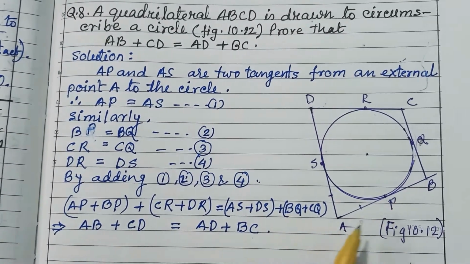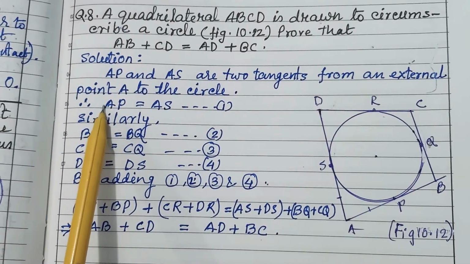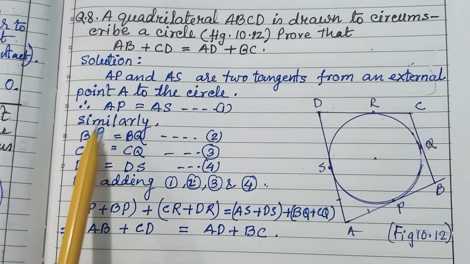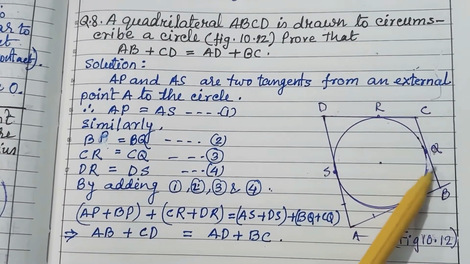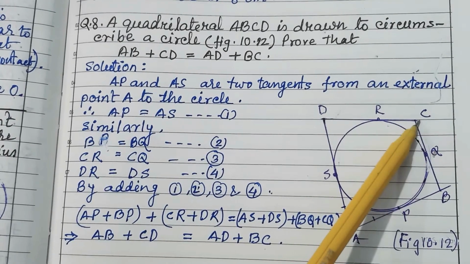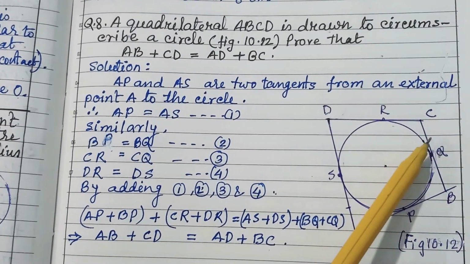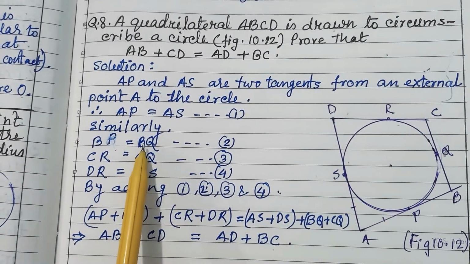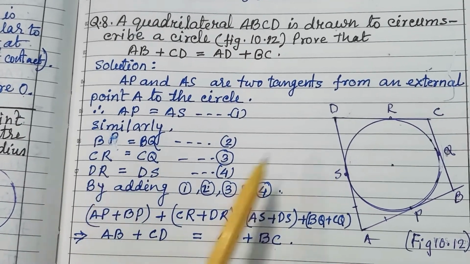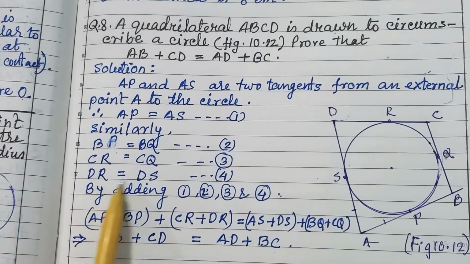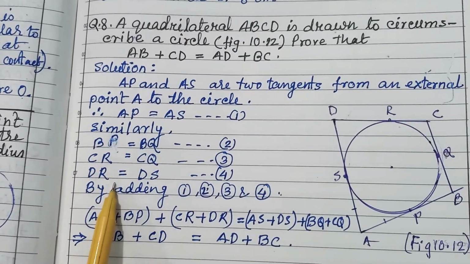Got it? AP is on the left hand side, so PB is on the left hand side, is equal to BQ. Now BQ will add with CQ, so CQ will be added on the same side as BQ. So BQ and CQ on the same side is equal to CR. And DR is equal to DS. In this way you have to write.